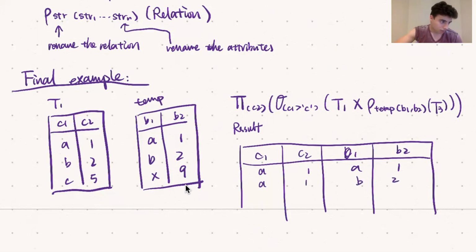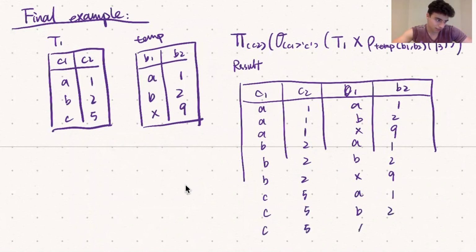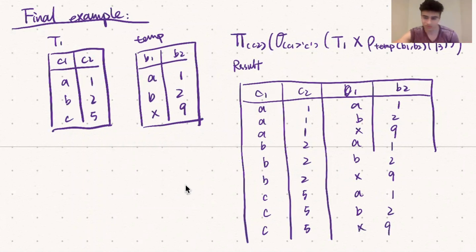A1 with X9, B2 with A1, and so on. In reality, we'd like to select first before we join, but because we wrote the query this way, we're joining first and then selecting. Not a problem. And lastly, C5, X9. So there's our first sub result here. Finally got all of those values in.